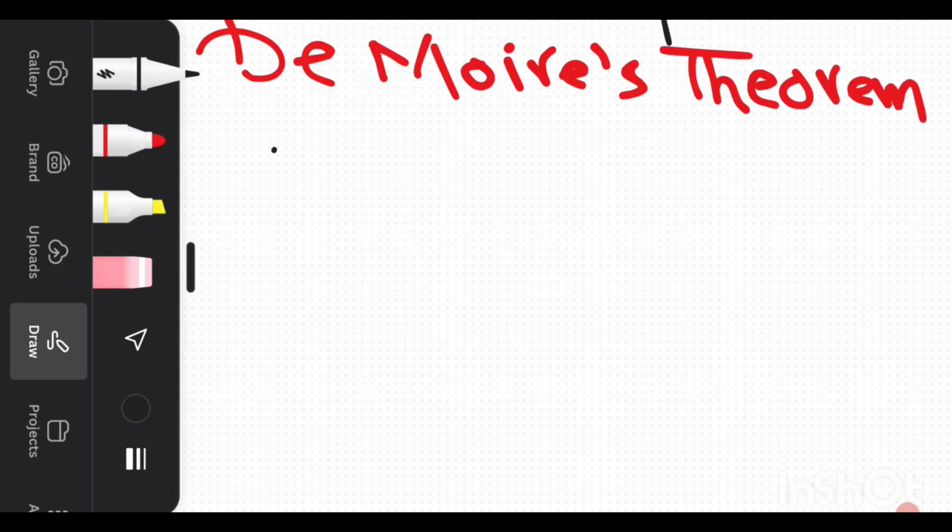Next is De Moivre's theorem. De Moivre's theorem has its own proof. You can check its proof on Google. Here we will use the De Moivre's theorem result. So what does De Moivre's theorem say?